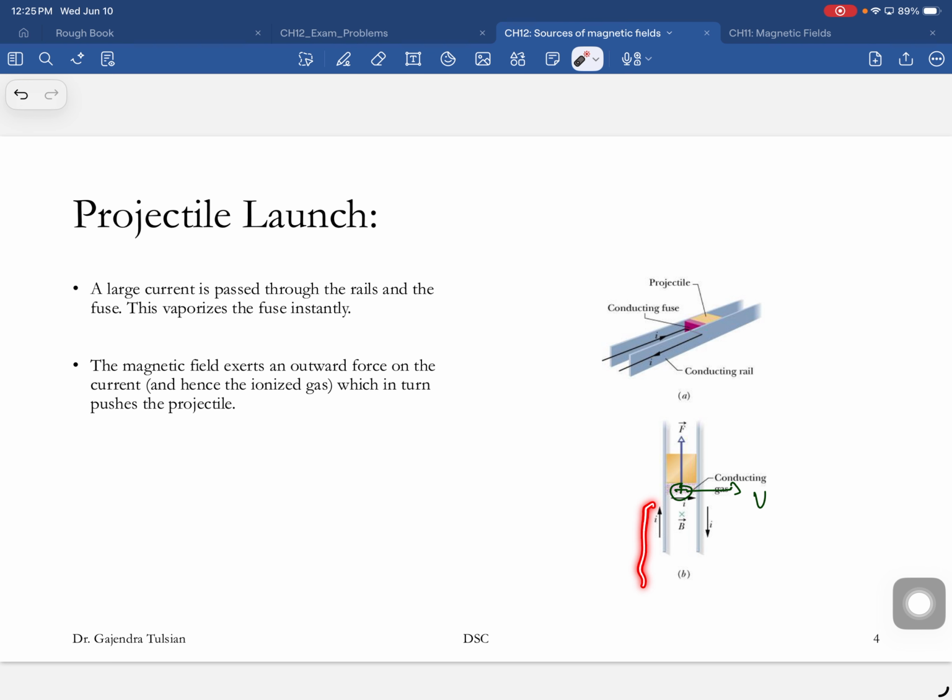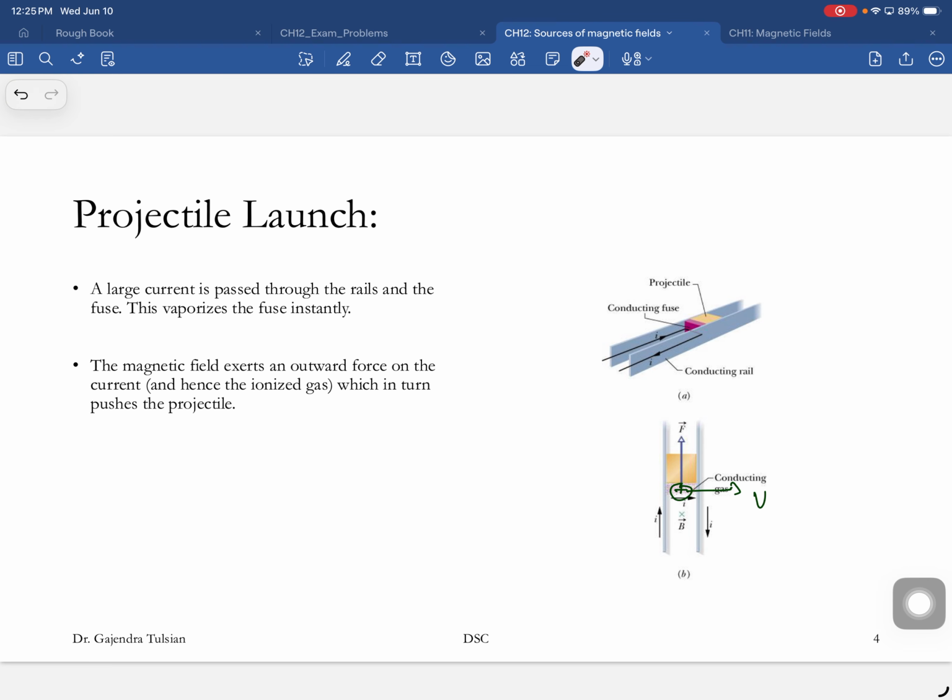And this current also produces a magnetic field into the paper, or you can have a magnetic field if you want. So V cross B, this field needs to come out of the paper. V cross, oh no. Oh, V cross, yeah, into the paper. V cross B is a force in that direction.